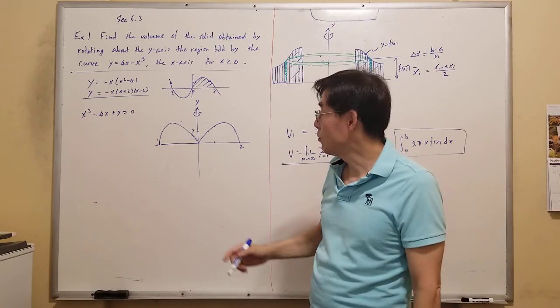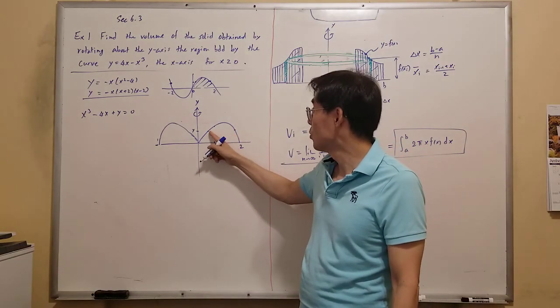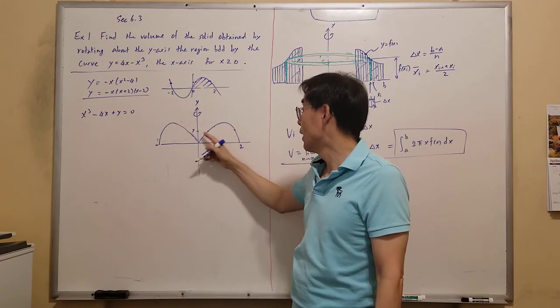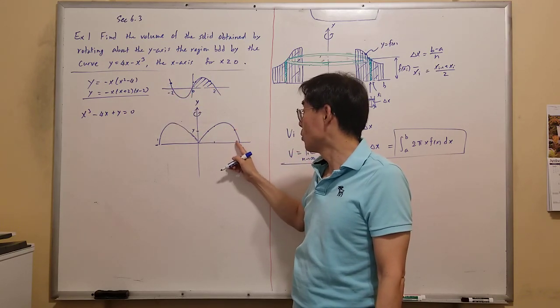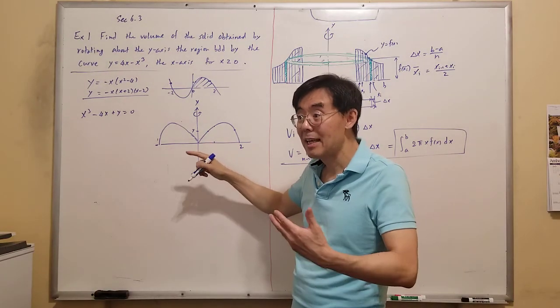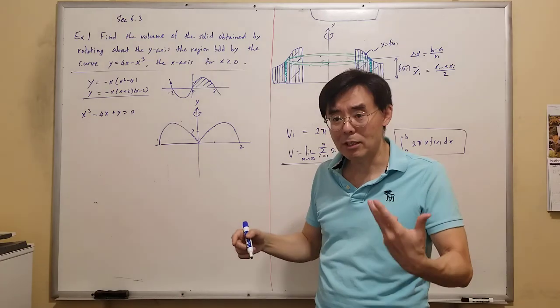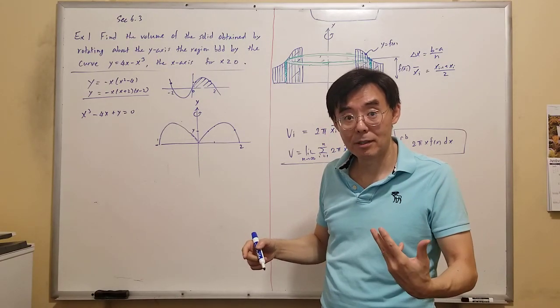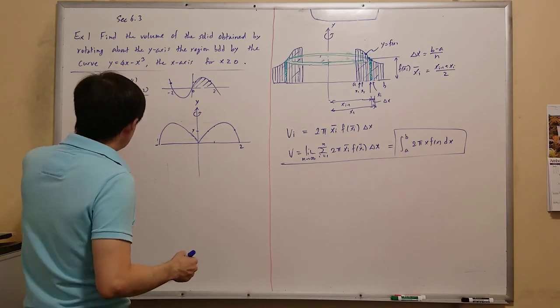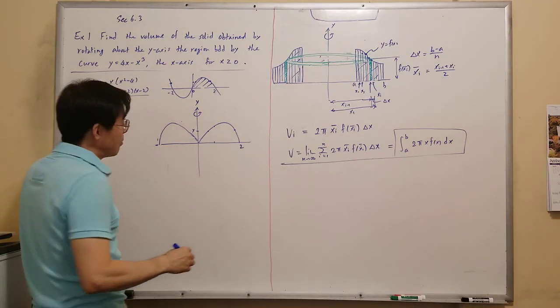And then once you solve, you have to find which one is this solution, which one is this, which is this. We don't need this, we need these two. And you have to find this x coordinate as our outer radius, and this x coordinate as an inner radius, as a function of y. So anyway, this will be very, very hard. Okay? That's why it is much better to use the cylindrical shell method.